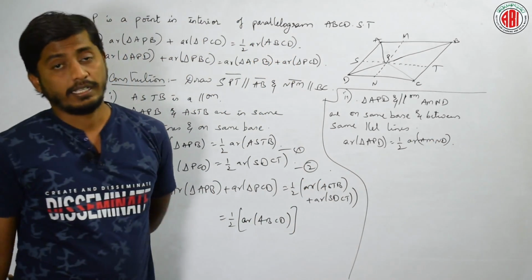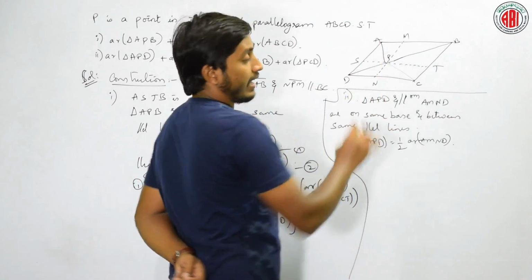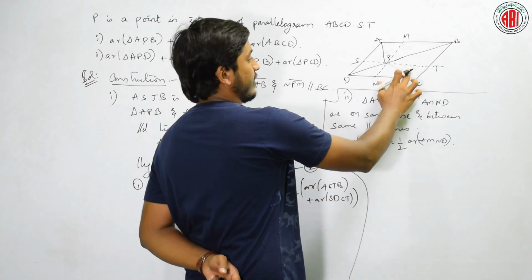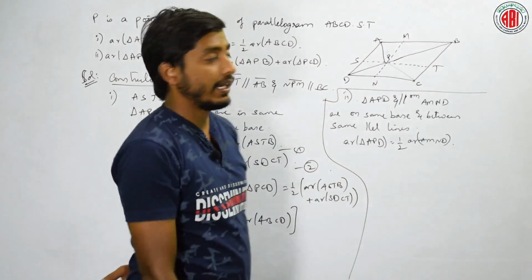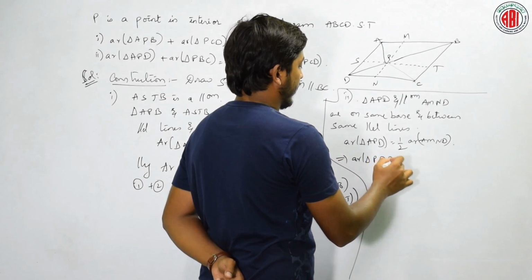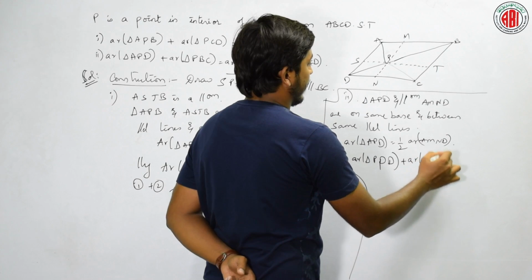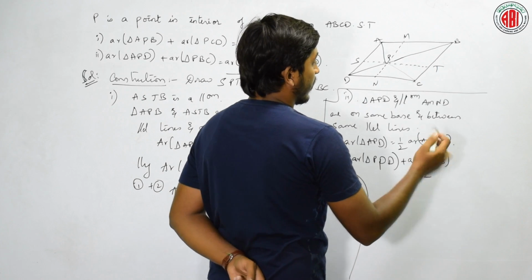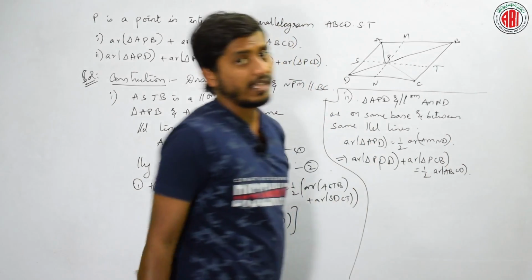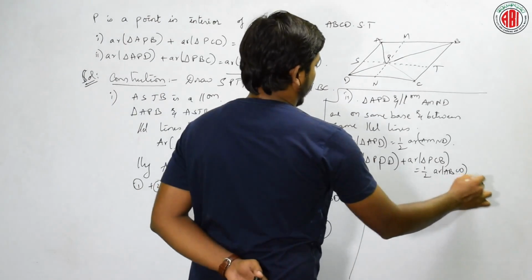Clear? Do you understand? Since this is half of this area, then we can directly tell that this plus this is equal to half of the total ABCD. Therefore, the area of triangle APD plus the area of triangle PCB is half of, what is it? The area of ABCD, right.